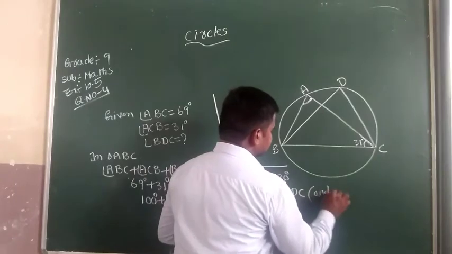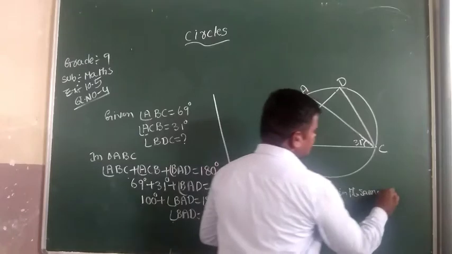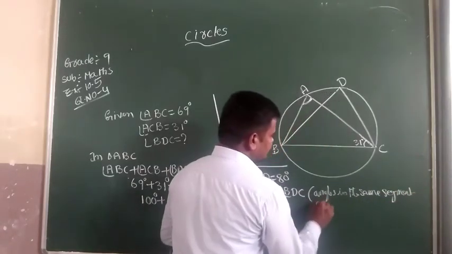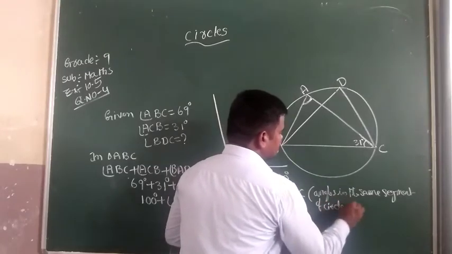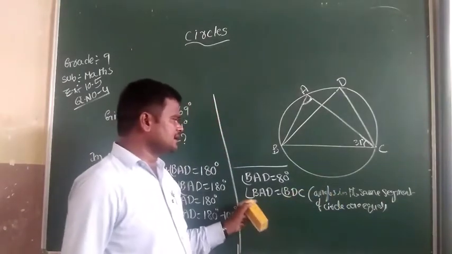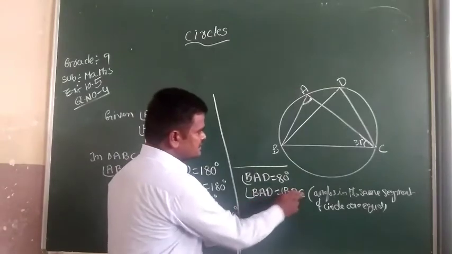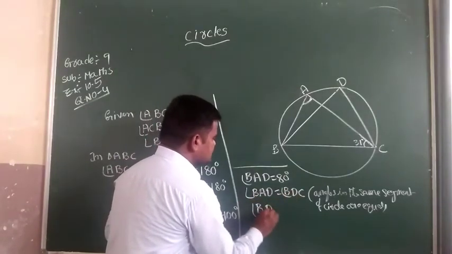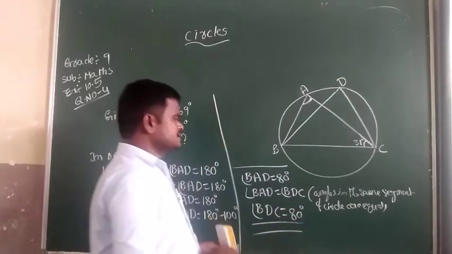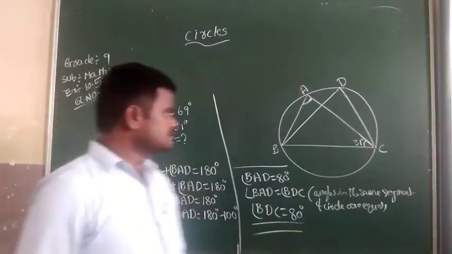Angles in the same segment of a circle are equal. So angle BAD equal to 80 degrees, therefore angle BDC equal to 80 degrees. So this is the solution of the fourth one.